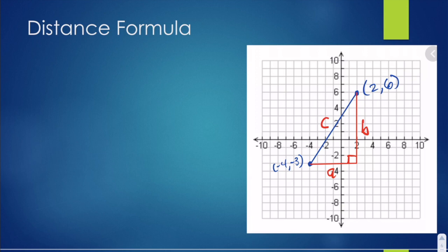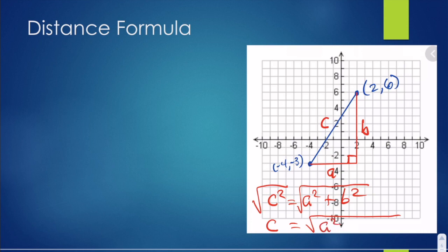So Pythagoras tells us that C squared is equal to A squared plus B squared. So isn't this true then, that the length of C ends up being the square root of A squared plus B squared?